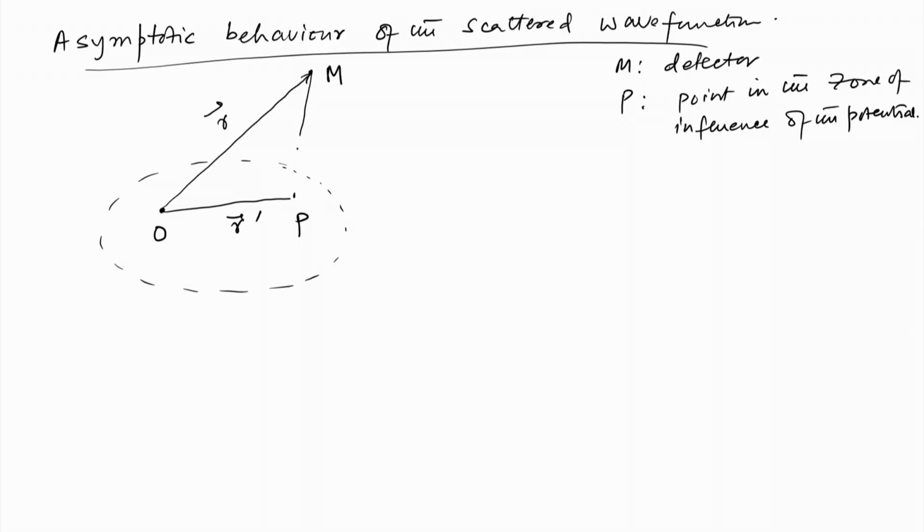And so, of course, this is equal to R minus R prime and we are just interested in writing the modulus of that. And let us talk about this direction being u cap and this angle being theta. So, M is as you understand and O is of course, the origin. M is very far away because that is the position of the detector such that this angle MOP is very small.